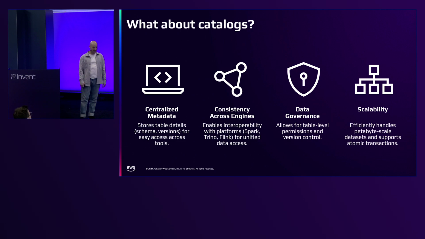So yeah, they provide centralized metadata. An express design goal of these open table format catalogs is to provide consistency across engines to enable interoperability with platforms like Spark, Flink, and Trino for unified access controls.